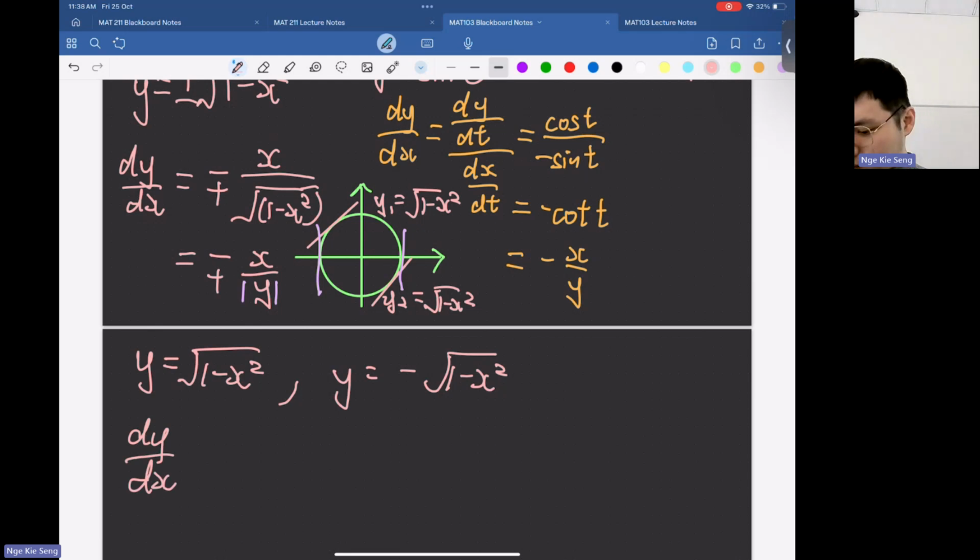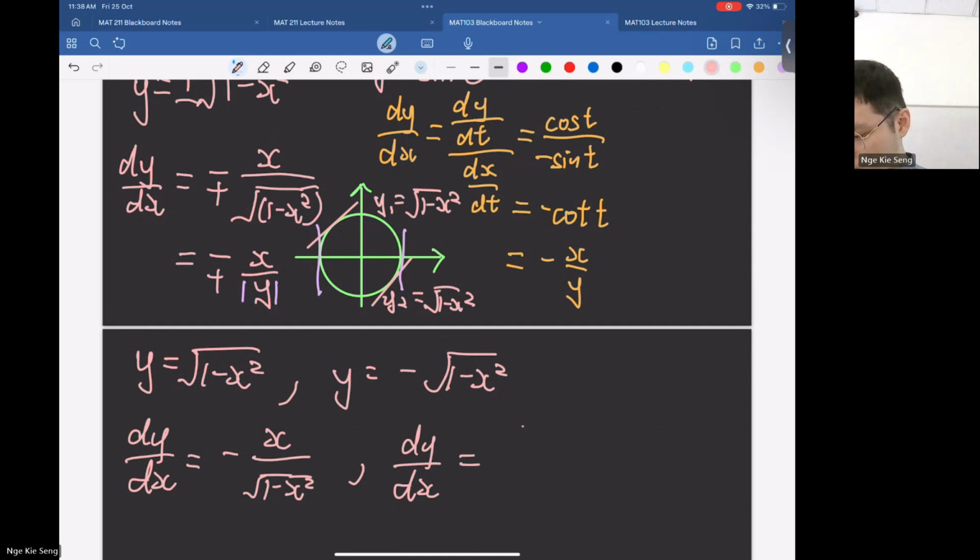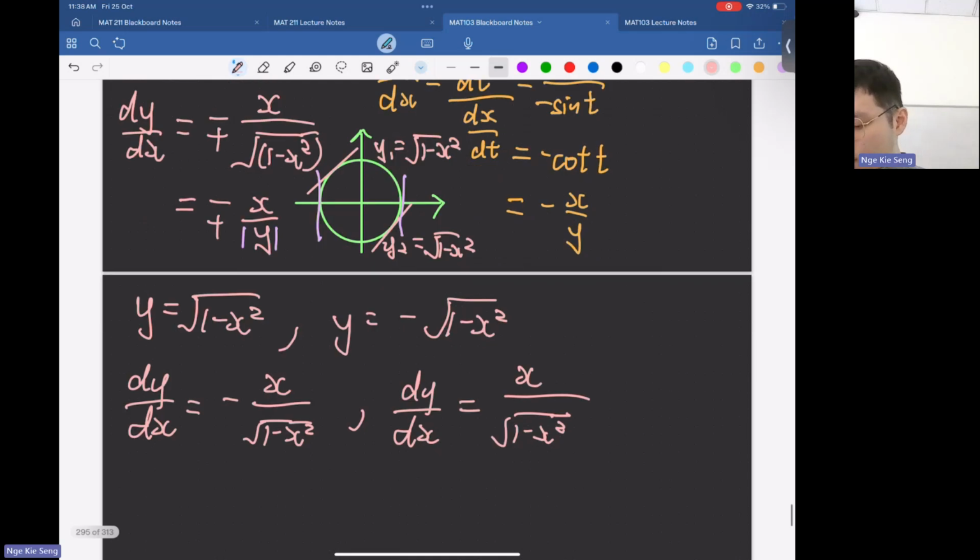I think the first one we should get is negative x over the square root of 1 minus x squared. And the other one we should get is x over the square root of 1 minus x squared. Agree? Okay, and then if I substitute back, in one case we get x over y. In the other case we get minus x over y.